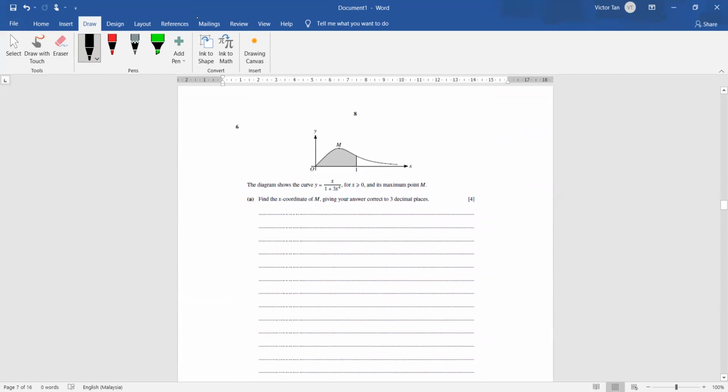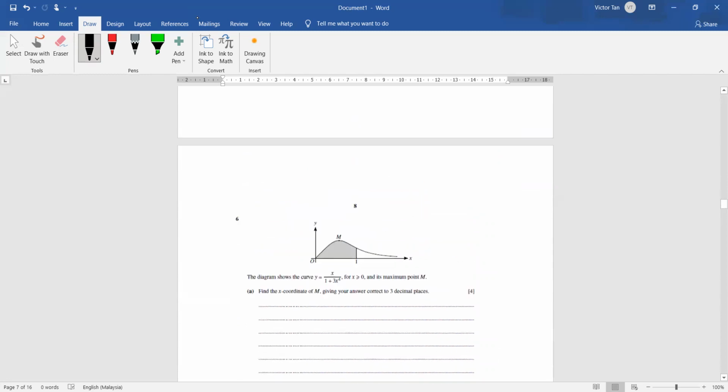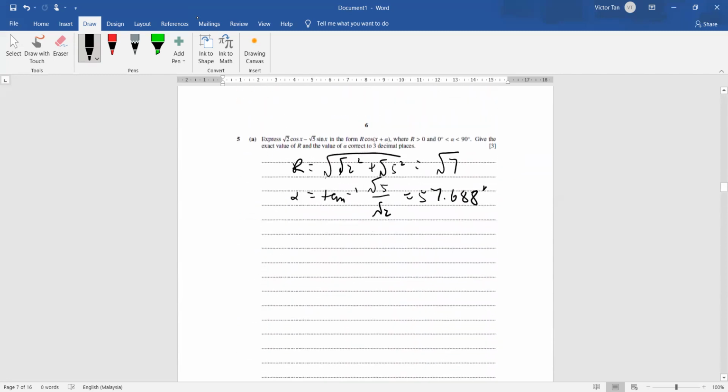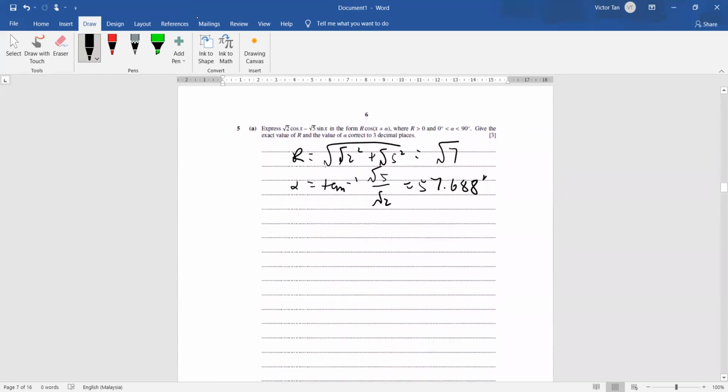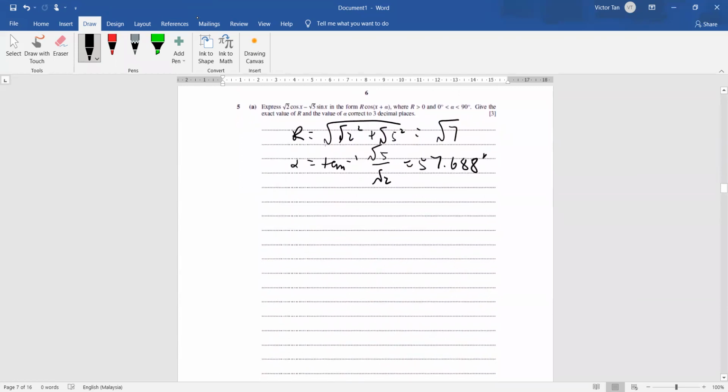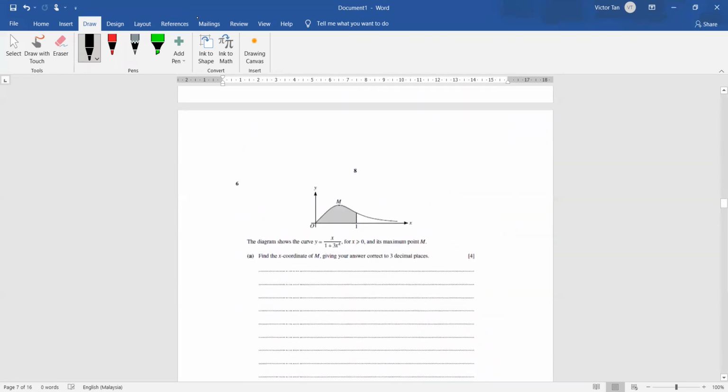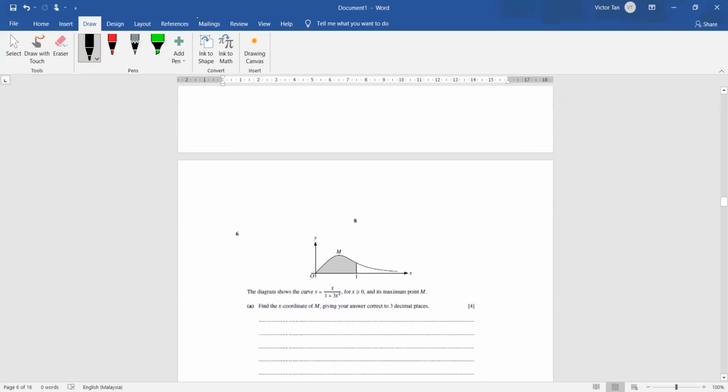The diagram shows the curve of y equals to x. I'm not sure if I missed anything. No, that's all. Okay, I think there's a question B which I need to look for.